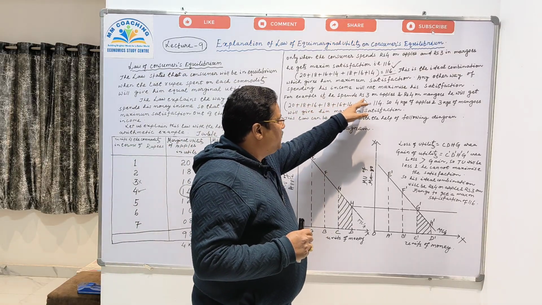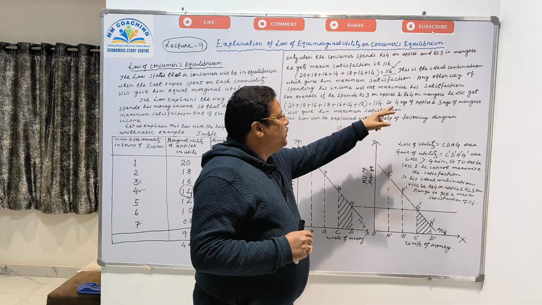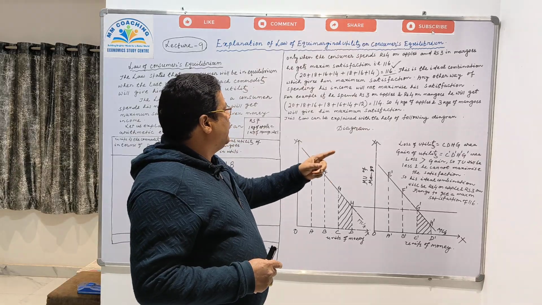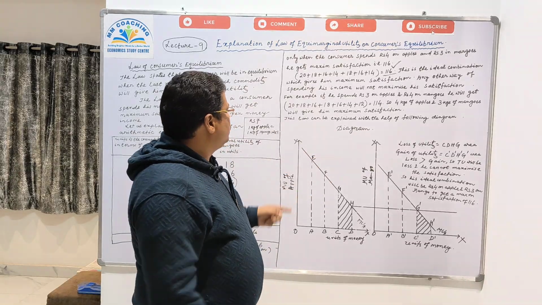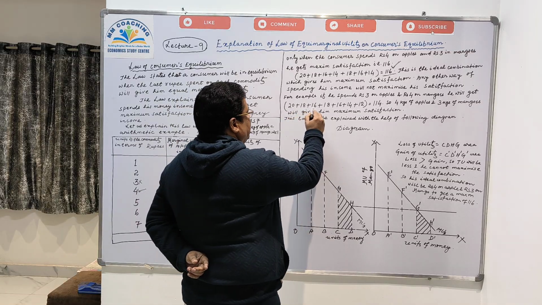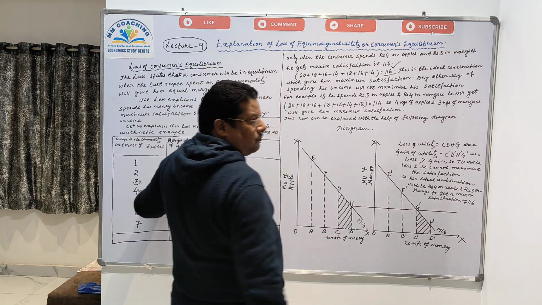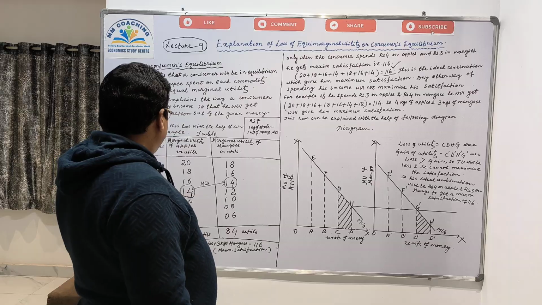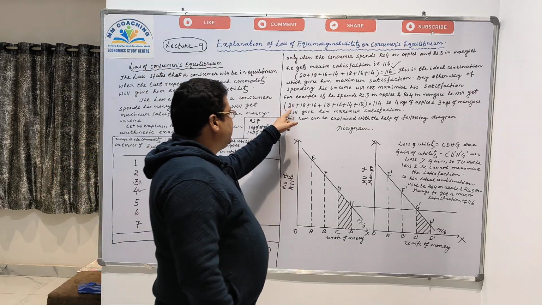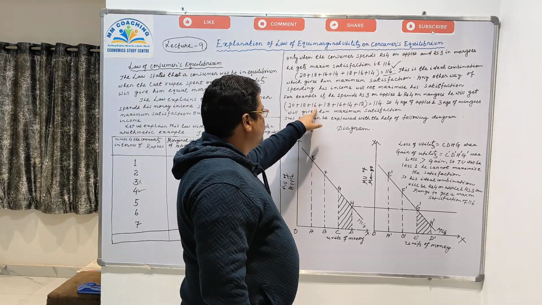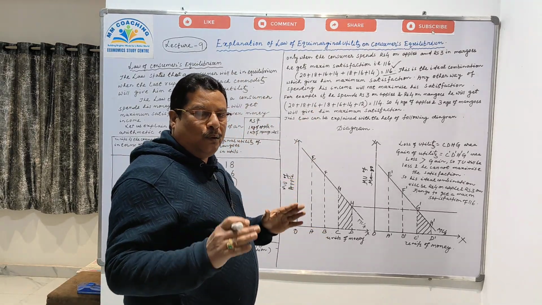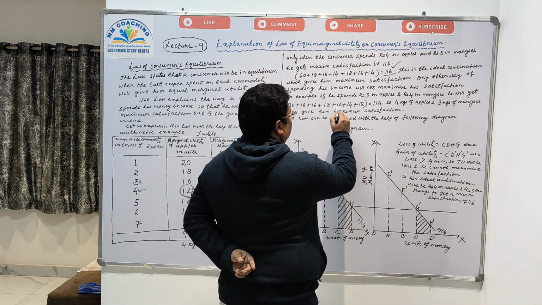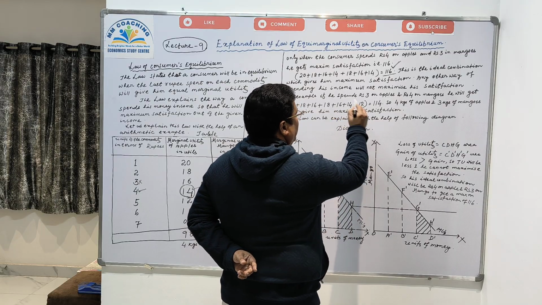So if he spends rupees 3 on apples and rupees 4 on mangoes, then what will happen? Let's see. He will get 3 units, so marginal utilities from the 3 units become 20, 18 and 16. And he will spend rupees 4 on mangoes. So what are the marginal utilities? 18, 16, 14 and 12.